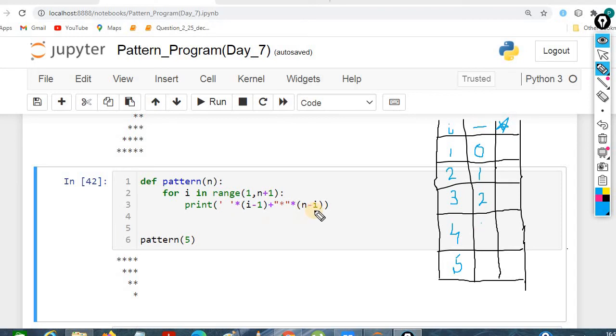And for n minus i, suppose for the first iteration we have 5, then 5 minus 1 would be 4, and 5 minus 2 would be 3. The same way when we execute this, we will get the required output.